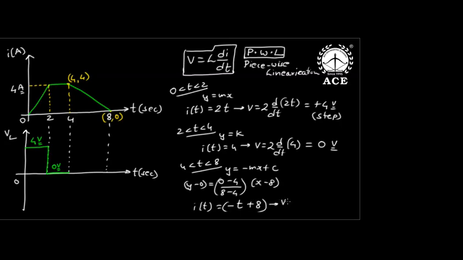Now v equal to L d by dt of minus t plus 8, which is clearly a minus 2 volt step function. So if you plot again, from the 4th to the 8th second, it is coming as a minus 2 volt step function.